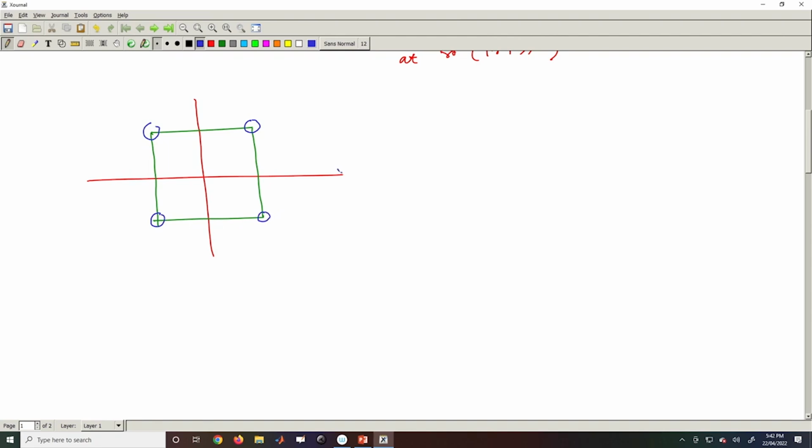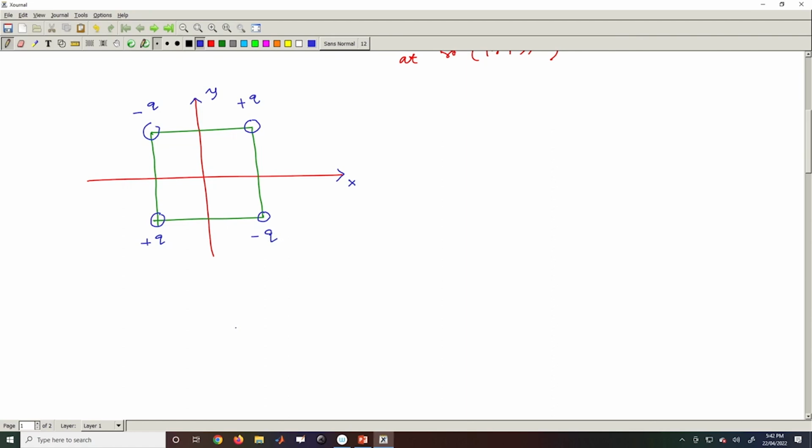And this is my x axis, this is y, and this is plus q, minus q, plus q, minus q.